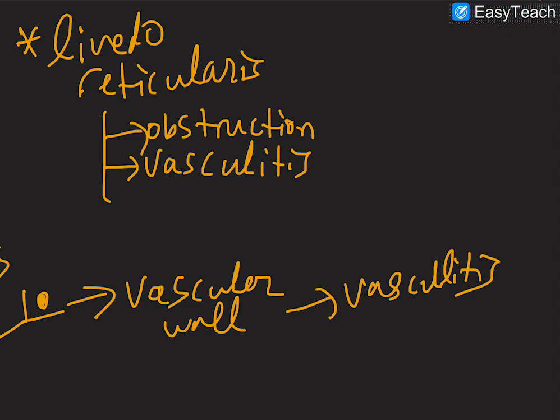It tries to inactivate factor V and 8. But in factor V Leiden, protein C isn't able to inactivate factor V and 8. That means you have more coagulation factors, more clotting. So anything with increased clotting, increased vasculitis, and things like that can lead to livedo reticularis.